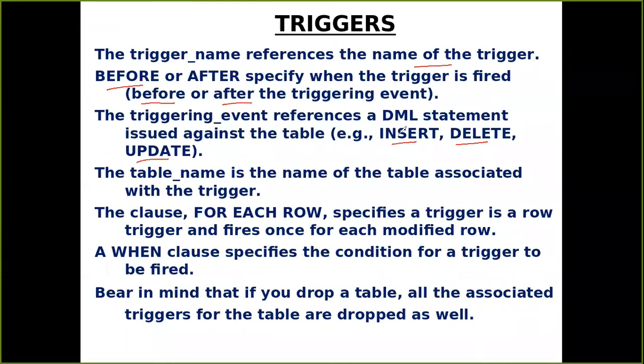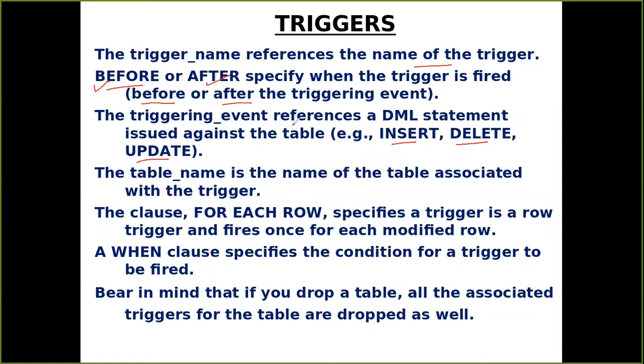So either you perform some insertion in a table, and your trigger can fire before the insertion or after the insertion. That means you want to perform some task before inserting the data or after inserting the data. That depends upon the situation, so accordingly you can specify whether before or after.